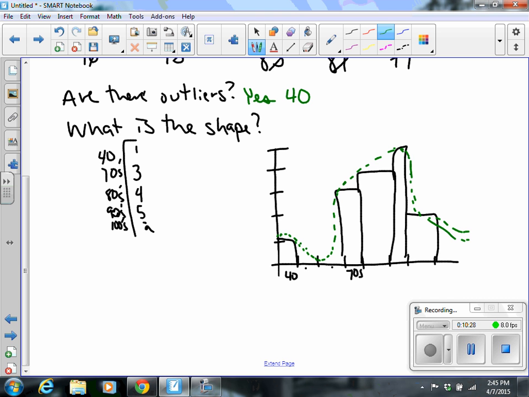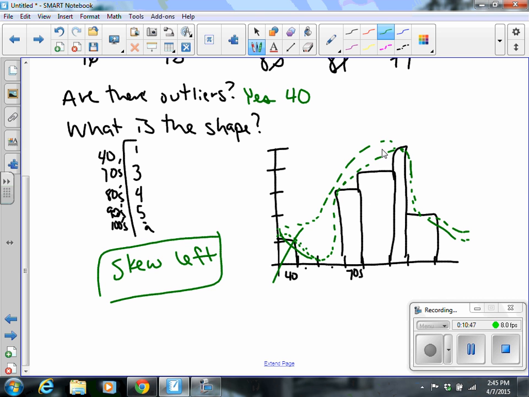I'm just going down the dots here. Looking at this, I don't necessarily really have a true shape, but because of that outlier, I'm going to say this is skew left. If that outlier wasn't there, if my outlier wasn't there, I would still say it's skew left just because of where I'm starting.